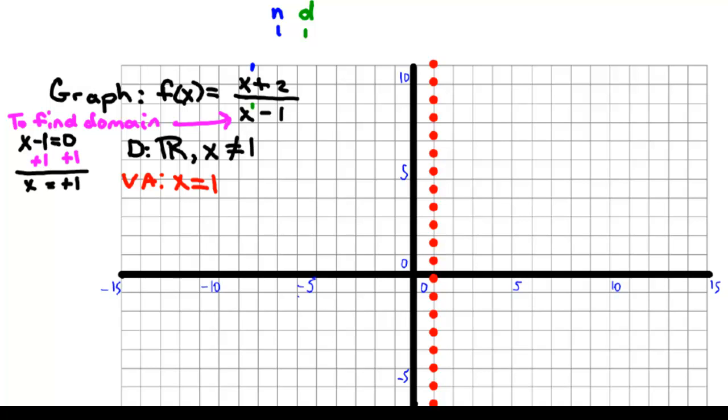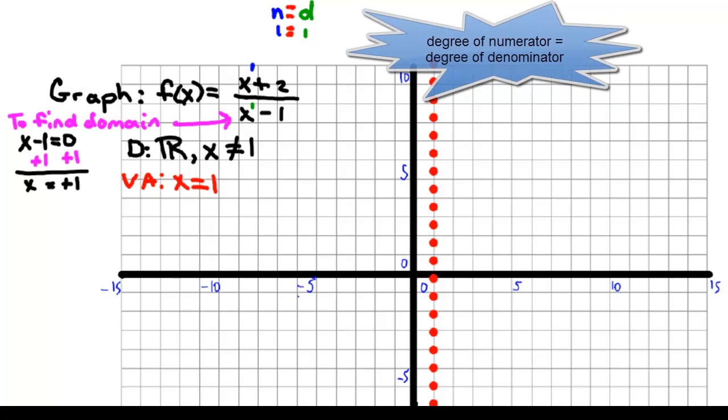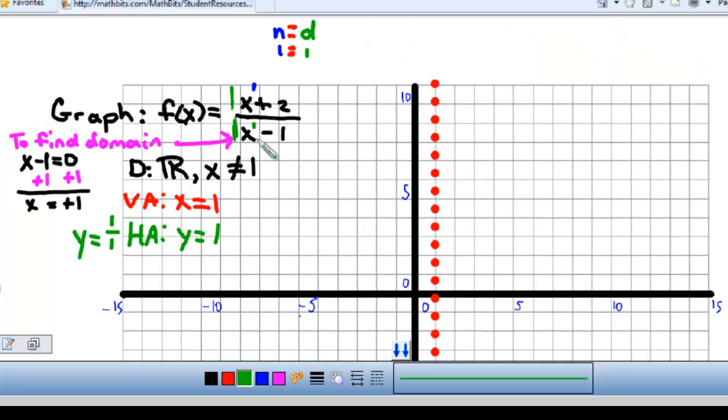To find the horizontal asymptote, we look at the largest degree in the numerator and denominator. In the numerator, the highest degree is 1. In the denominator, the highest degree is also 1. So the degree of the numerator is equal to the degree of the denominator.